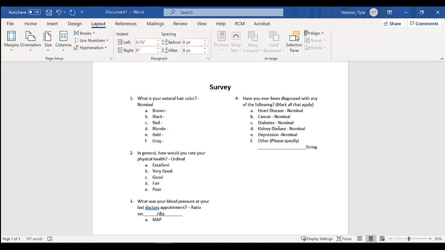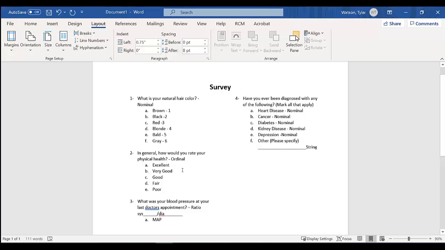So if a person answers question 1 as having brown hair, then we're going to indicate that with a 1 in our analysis in our Excel spreadsheet. Black hair would be 2, red hair would be 3, blonde hair would be 4, bald would be 5, and gray would be 6. And of course, there's plenty other choices. This is just arbitrary to make the point.